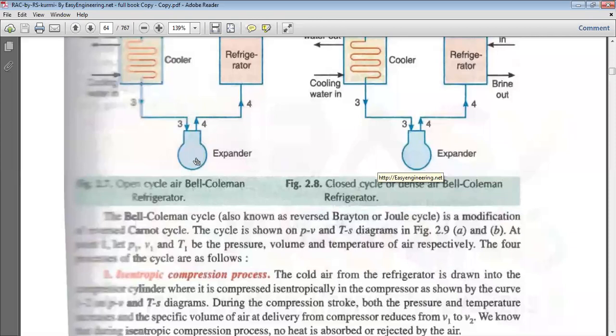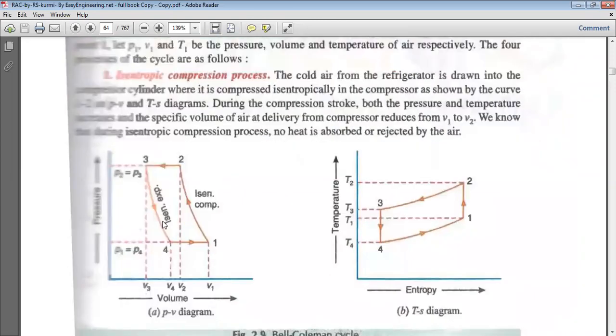Therefore, what happens? The air is adiabatically expanded from a high pressure to atmospheric pressure, that is, down to the compressor suction pressure. P3 is nothing but the input pressure to the expander, and T3 is the input temperature of the expander. What is 3-4? That is expansion.